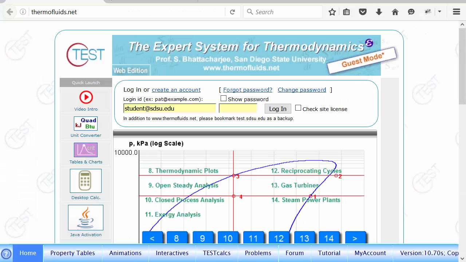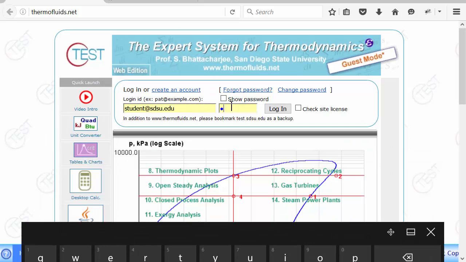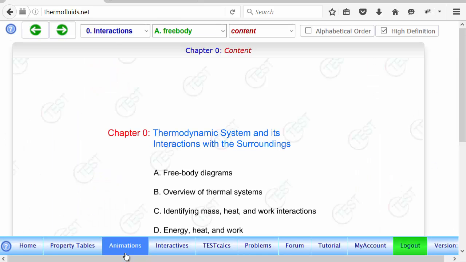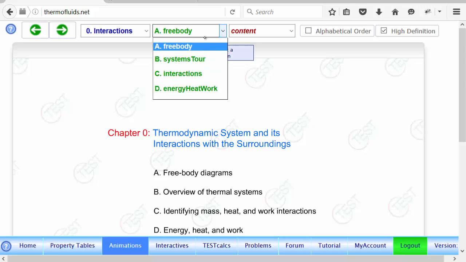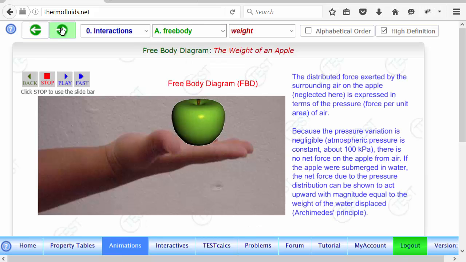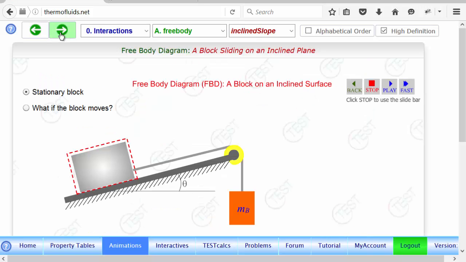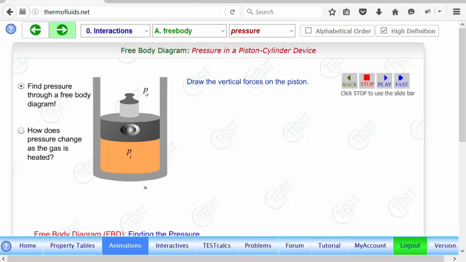To understand free body diagram even more thoroughly, you can go to thermofluids.net and log in and go to the animations module. In chapter 0, you can see different sections, and the free body is the first section. You can just move through and you will see it explains the concept of weight, the concept of free body diagram for various systems, and specifically I'd request that you go over this particular example that we just solved.